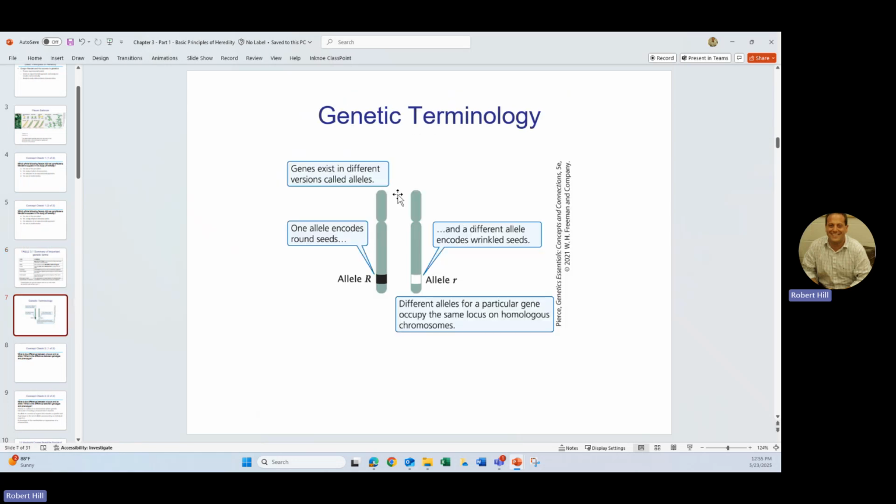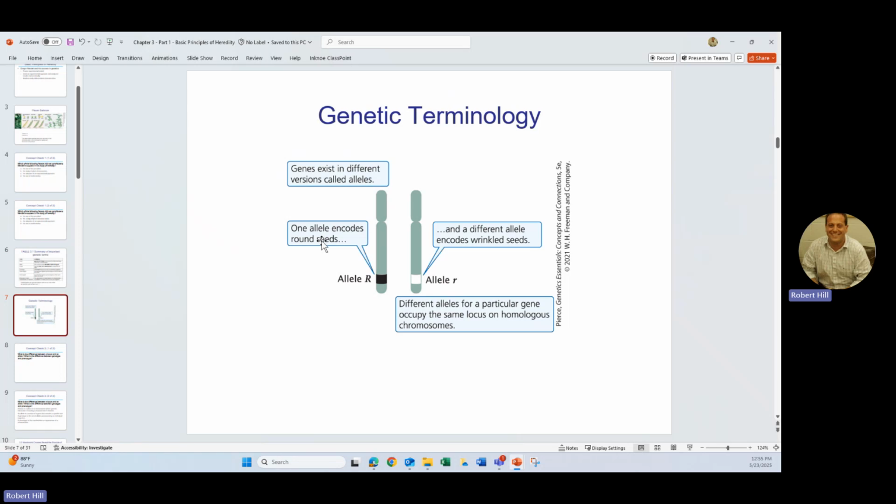All right. So here's a pair of homologous chromosomes, and here's a locus on each chromosome. Whatever this gene is, round and wrinkled, right? Round is the dominant, and that's why we use the letter R to indicate this.